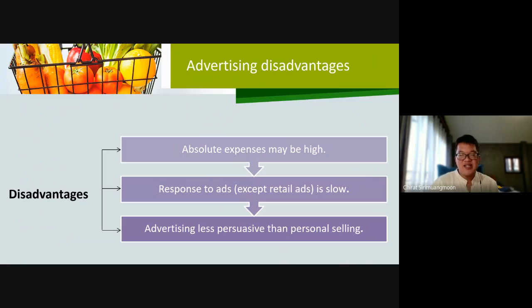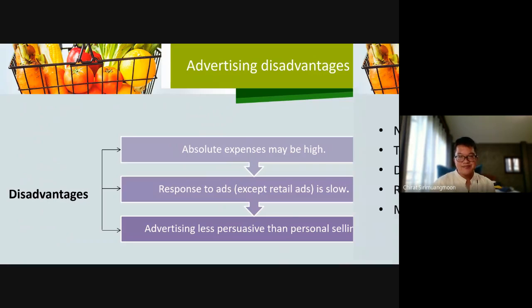Last one, advertising is less persuasive than personal selling. I would say this is true, because personal selling is like you sell the product directly and talk one by one. But with advertising, you don't know anything. You just pray, okay, it should hit the consumer. Personal selling is more effective in this case.